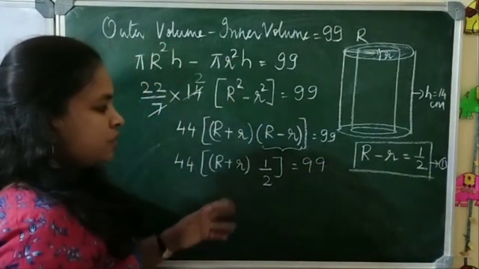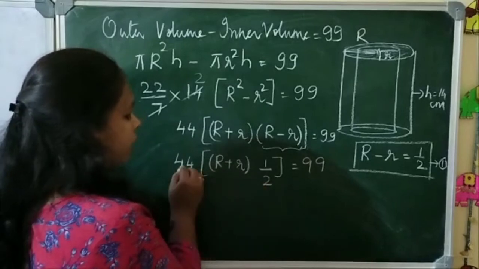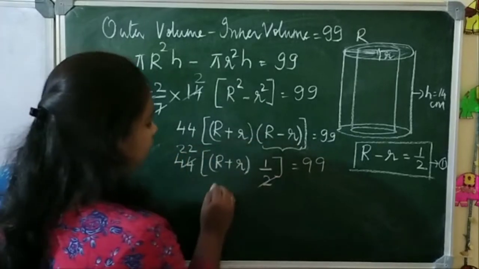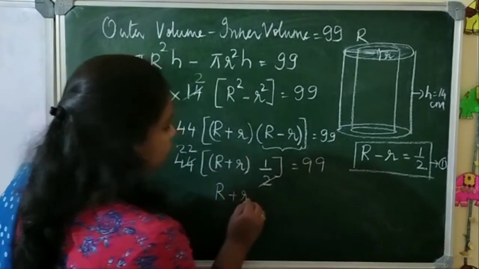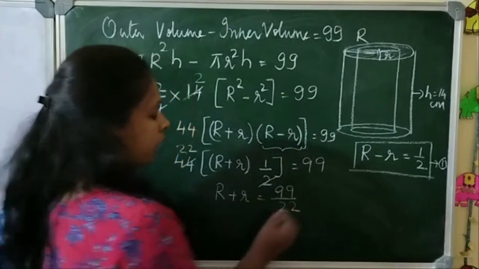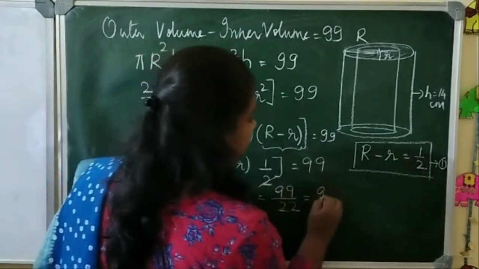So when I substitute, I can just cancel this 2 and 44, which is equal to 22. So now capital R plus small r equals 99 divided by 22, which is divisible by 11, 9 by 2.